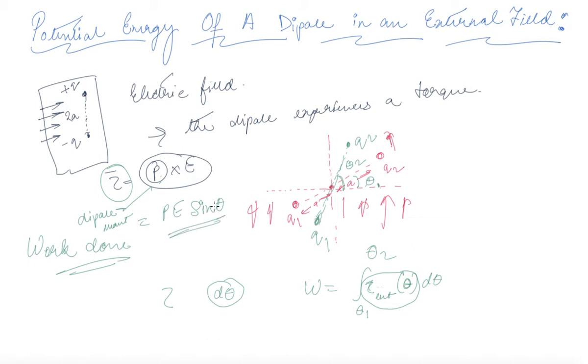So W becomes the integration from theta 1 to theta 2 of the dipole moment P into E into sine theta d theta.